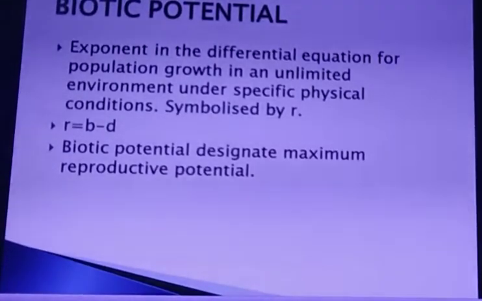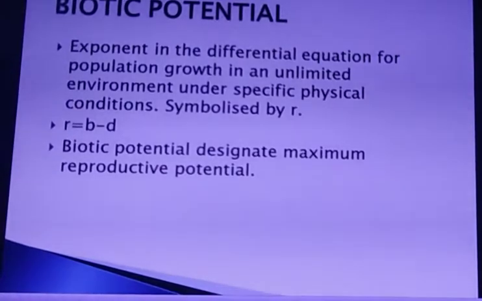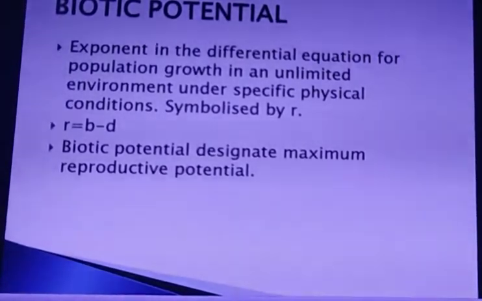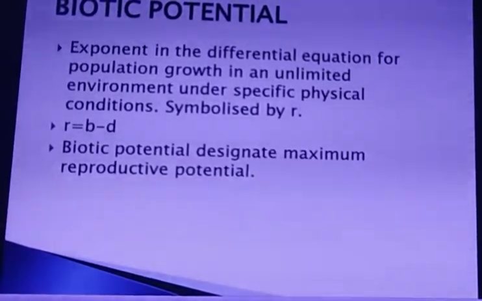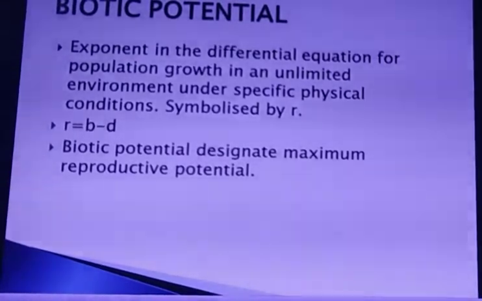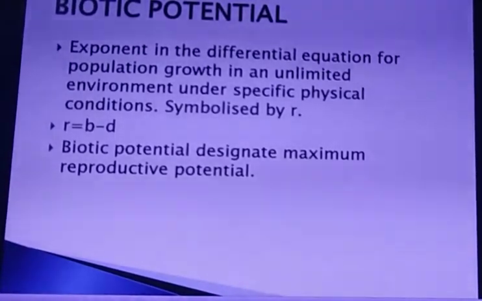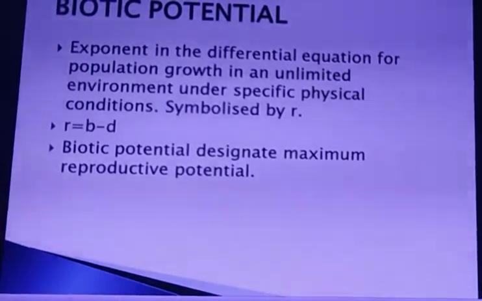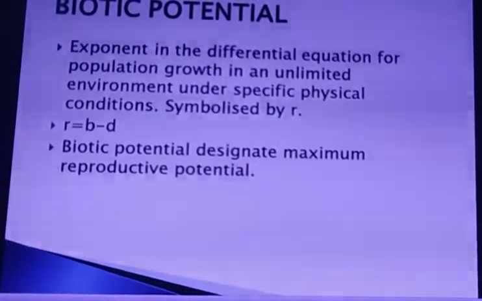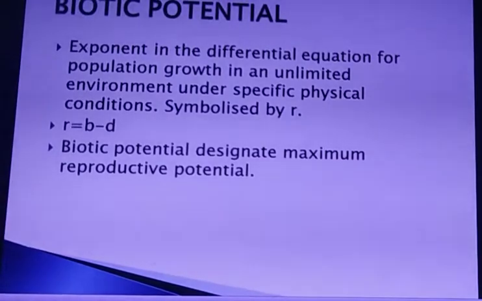It depends upon the intrinsic rate of growth, denoted by small r, that is the difference between the number of individuals taking birth and the number of individuals dying off in a particular population in a unit time. So the biotic potential designates the maximum reproductive potential of a population of a species.